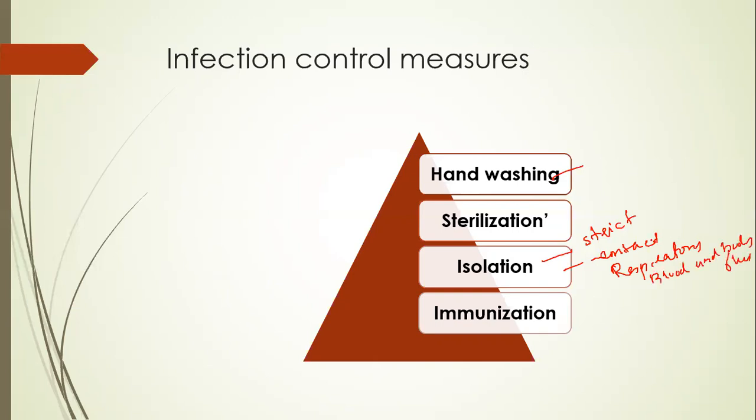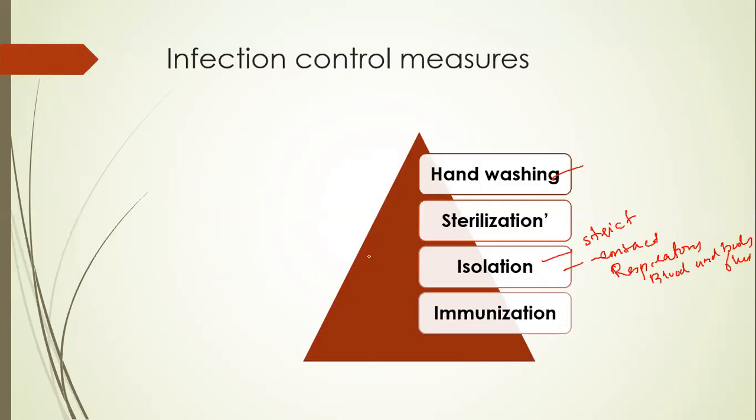Okay, so these are some of the types of isolation you have already seen in your previous class. Okay, then immunization. It will help to improve the immunity status of a person so that it will reduce the risk of getting infection. Okay, so these are the main infection control measures.